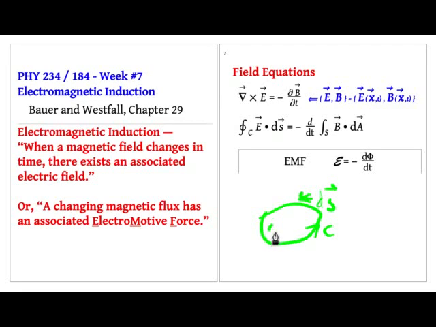So here is some surface bounded by the curve C, and dA means a little area part, a part of the surface, little infinitesimal area element, and it has a direction.